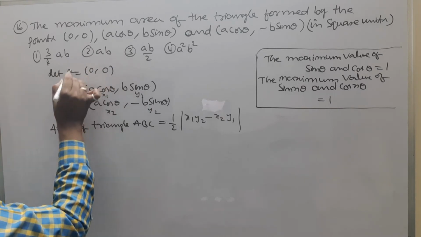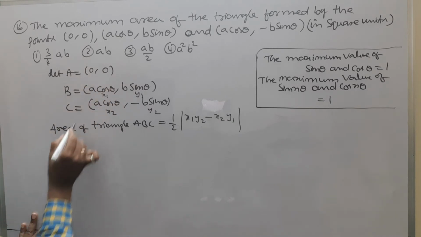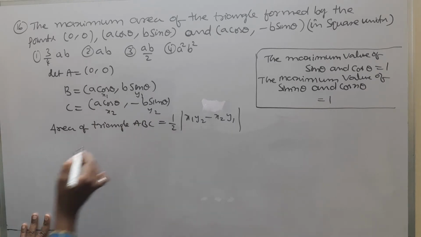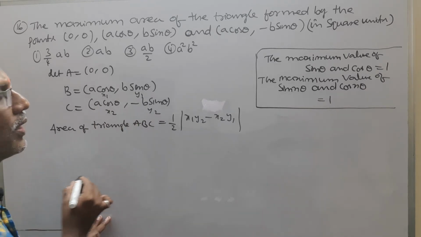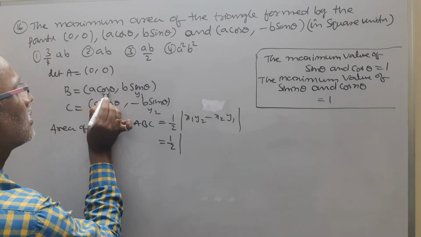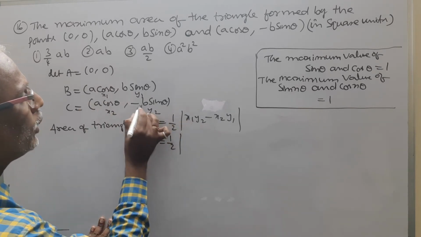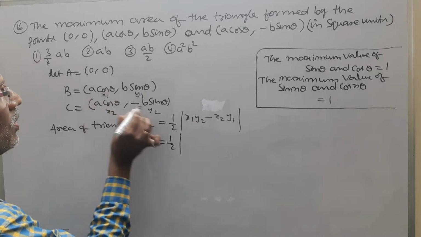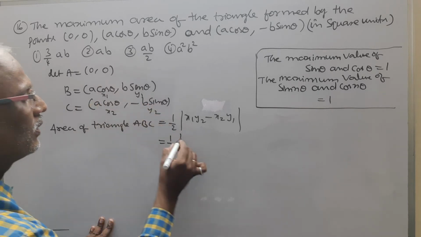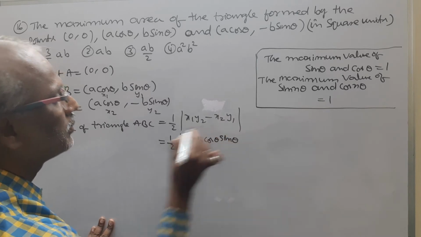In a triangle, if one vertex is the origin (0, 0) and the coordinates (x1, y1) and (x2, y2) are given, then the area of the triangle is half mod of (x1 y2 minus x2 y1). Here x1 is a cos theta, y2 is minus b sin theta. Multiply x1 y2: plus into minus is minus, ab cos theta sin theta, minus ab cos theta sin theta.